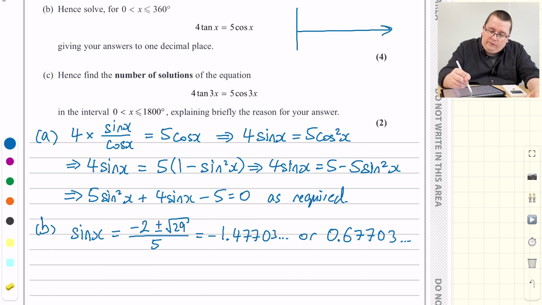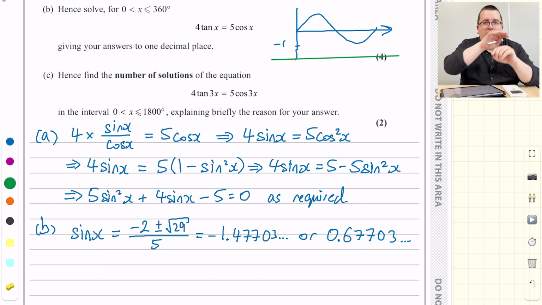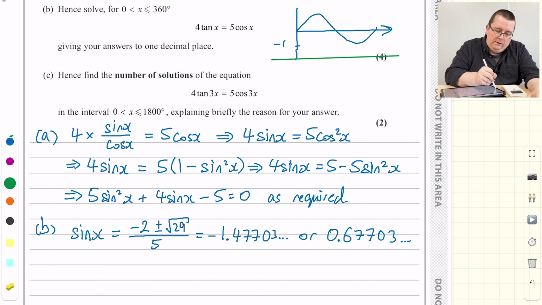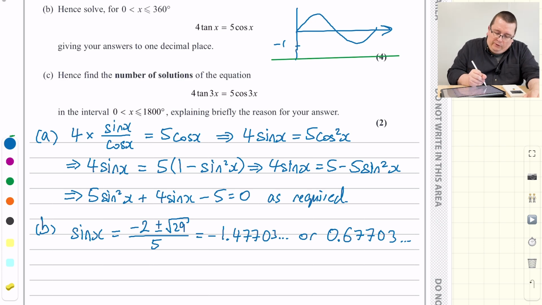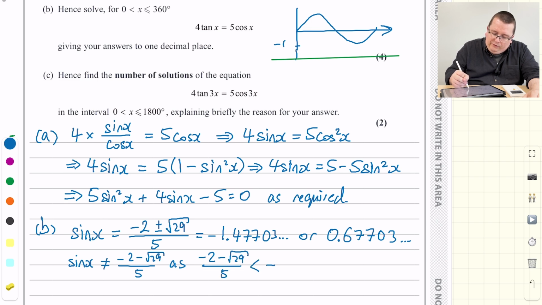So think of it like this. Here's your curve, and the lowest point is at minus 1, and minus 1.477 is a line going far underneath it. Okay, so we can't have that. So sine x cannot be equal to minus 2 take away root 29 over 5, as minus 2 take away root 29 over 5 is less than negative 1.